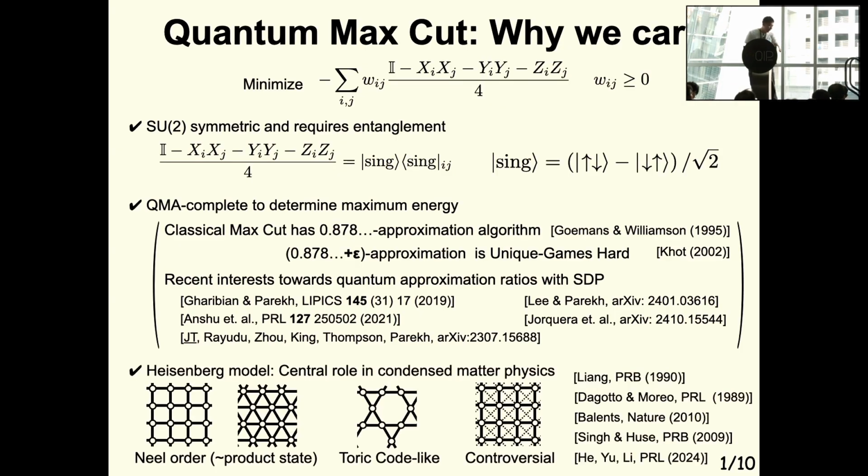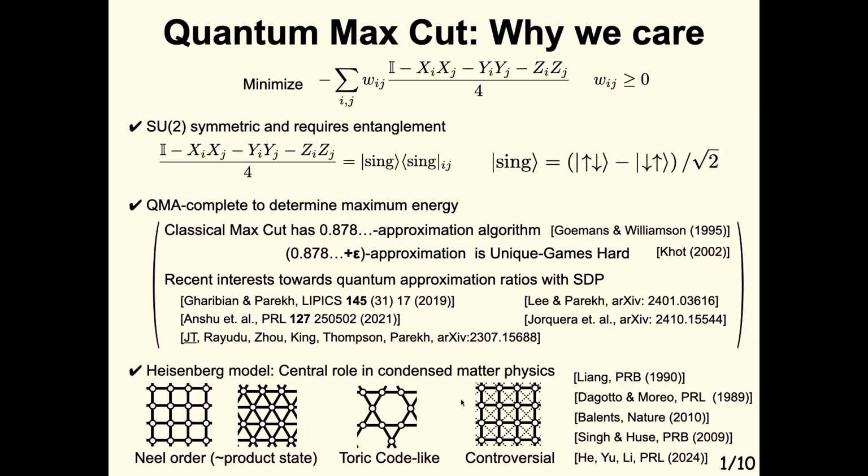I'd like to finally add another motivator: in the condensed matter physics community, it's called the Heisenberg model. Condensed matter physicists are interested in exactly this same model because it's the simplest model you can have for quantum magnetism.